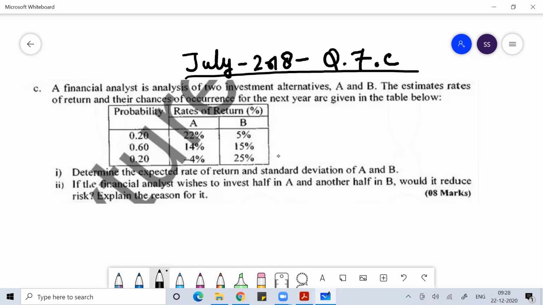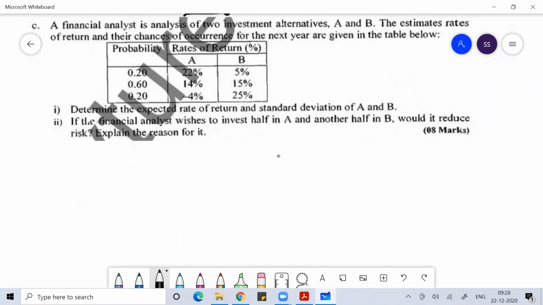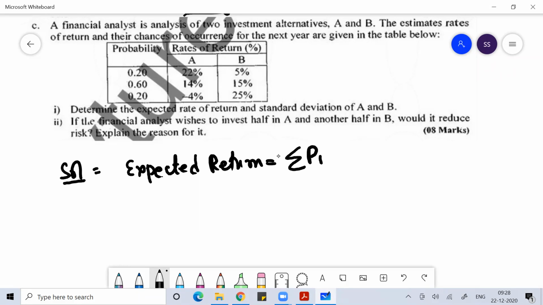In order to do this, what is the formula we'll follow for expected rate of return? When we talk about expected return, the formula we have to follow is sum of pi into ri.